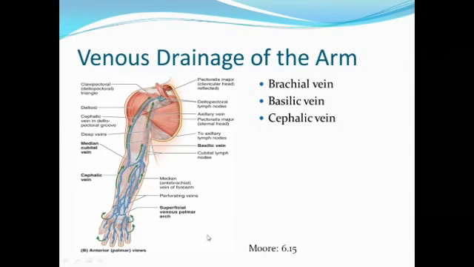So having a look at the image, we can see right down in the region of the hand, small beginning venous structures merging and draining to form tributaries and progressively becoming larger venous structures.